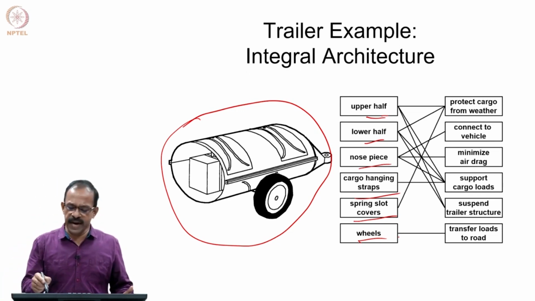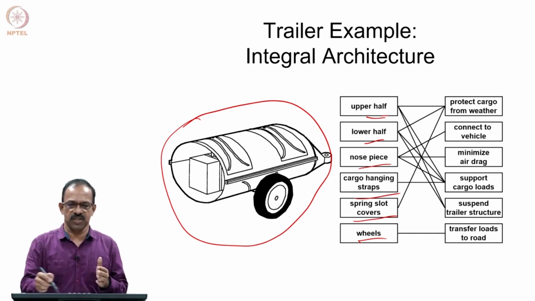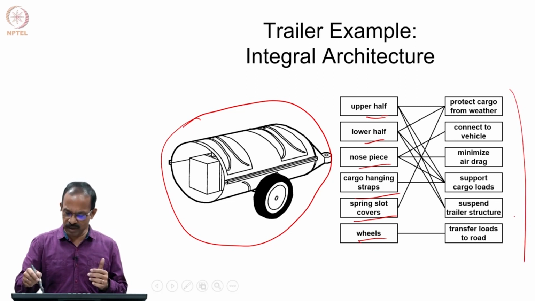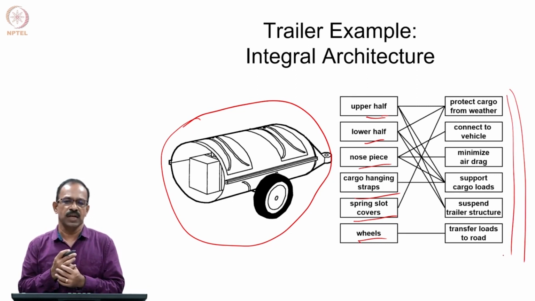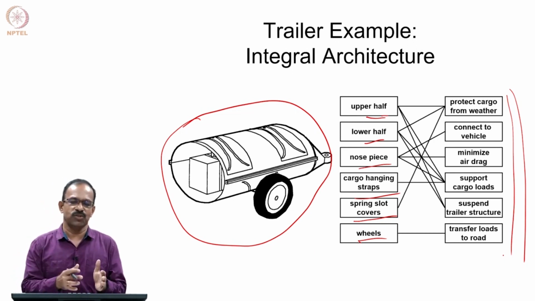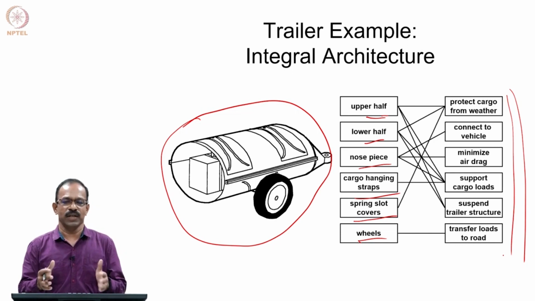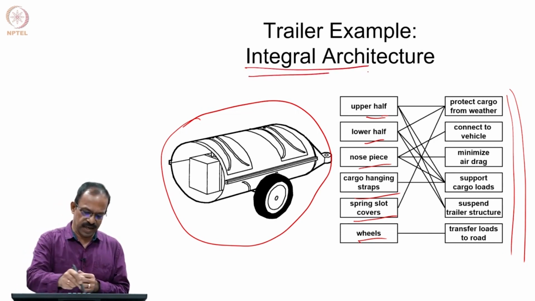But you cannot really identify each one doing a particular function, because each one will be doing multiple things, and you will not be having any separation between these individual physical chunks. Each physical chunk may be doing multiple things and there is no definite interface between these elements. So, that kind of architecture is the integral architecture.